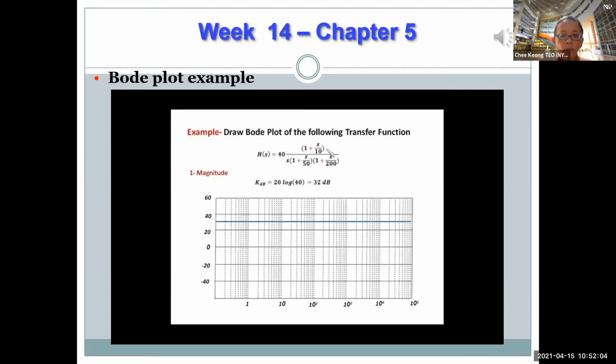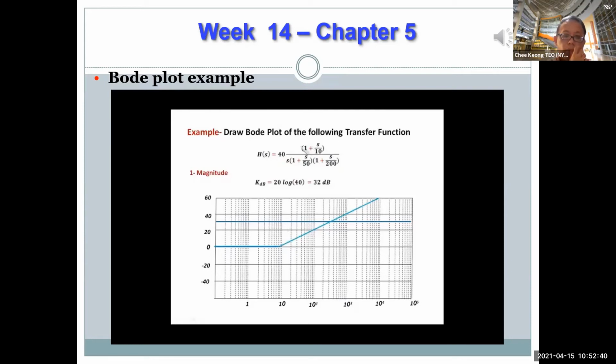Then I'm going to come to the zero. Now the zero has a corner frequency at 10, so I will start at 0 dB and continue at 0 dB until I hit 10. Once I hit 10, I will draw a straight line with a slope of 20 dB per decade. It is very important that the slope is 20 dB per decade, which means the line will break at the corner frequency at 10, but it will read 20 dB at 100, and it will read 40 dB at 1000, and so on.